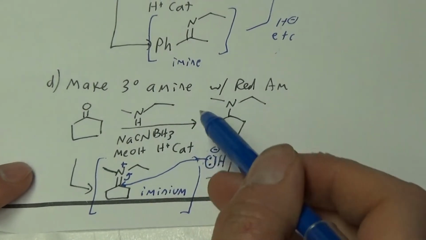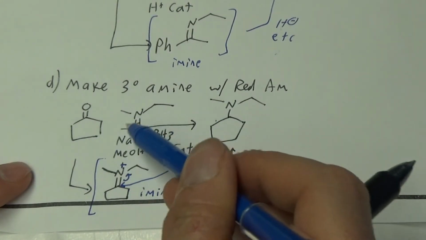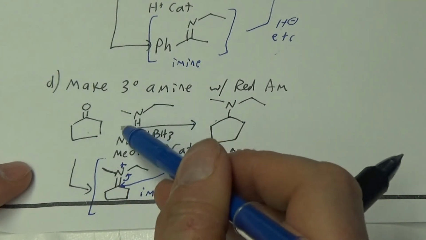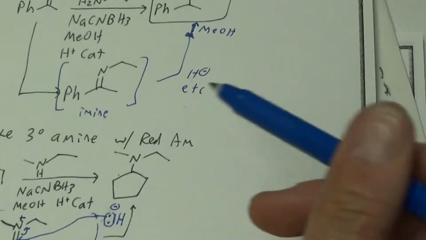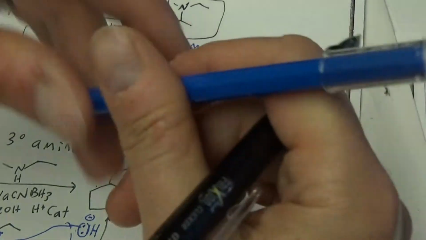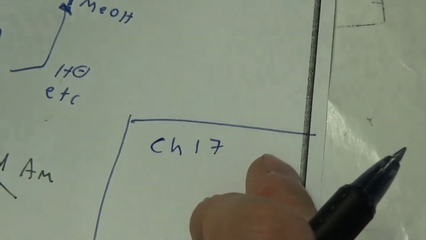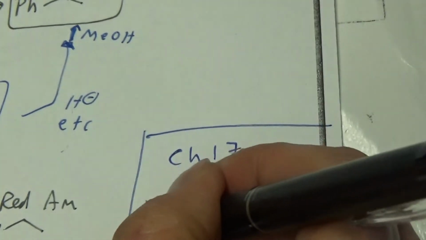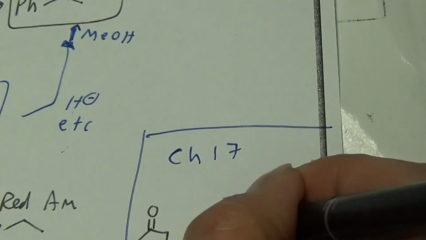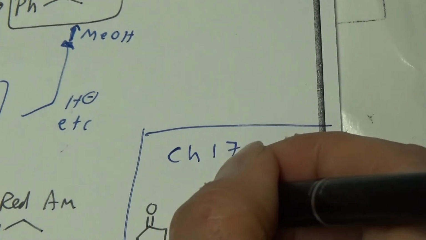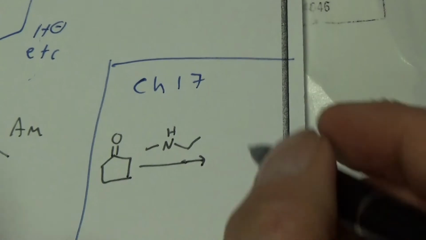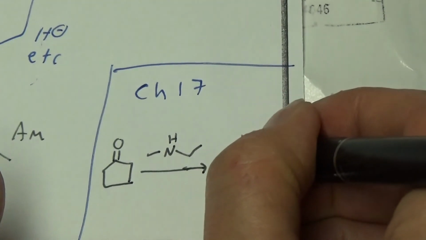Just to review what I was saying a second ago, back in chapter 17 when we did ketones and secondary amines like this. This is review from chapter 17. What we learned was that, I'll draw the same thing. Nitrogen, secondary amine, was that we get an enamine.